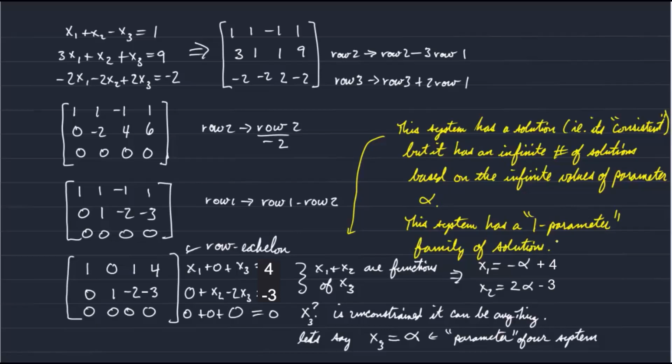So just describing some terminology of how we would describe this system. As you might recall, any linear system can have three outcomes. It can have a unique solution, and geometrically, since we have a three-dimensional system, that would represent the case in which we have three planes, and all three planes intersect at a point.